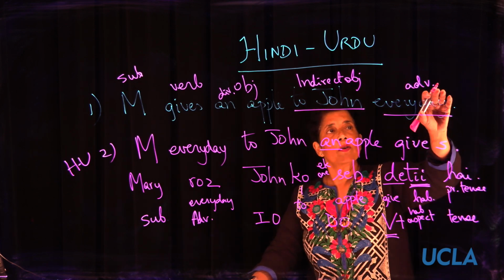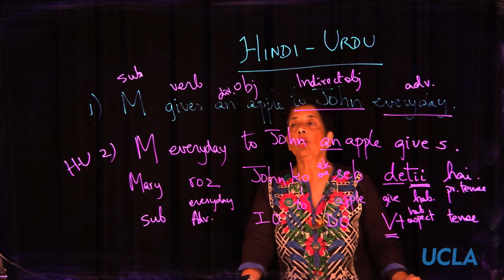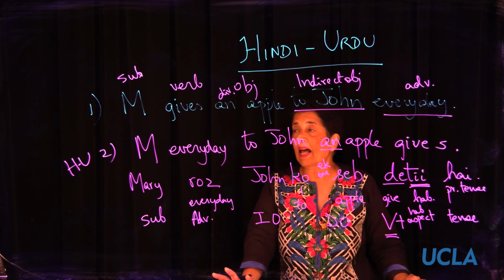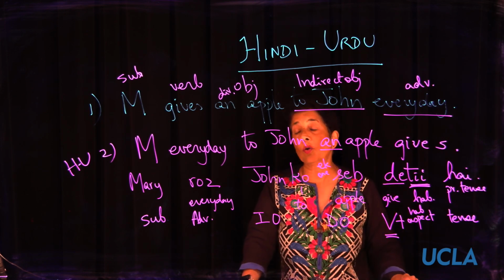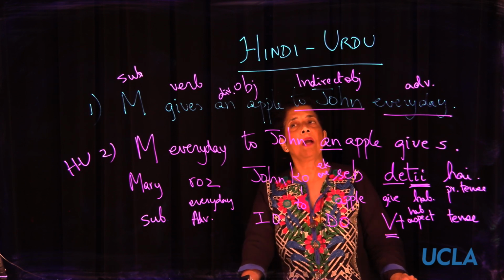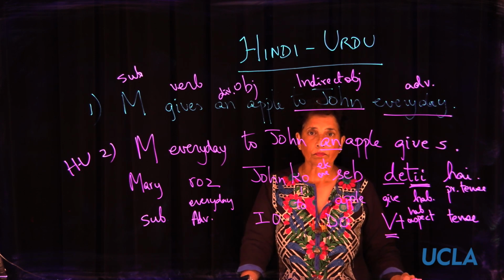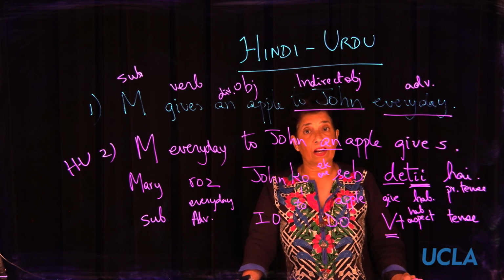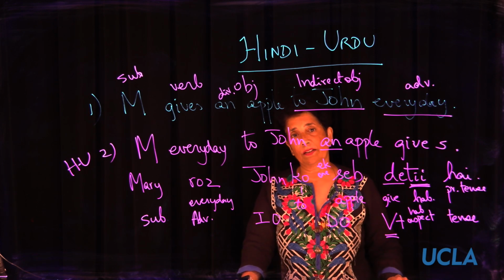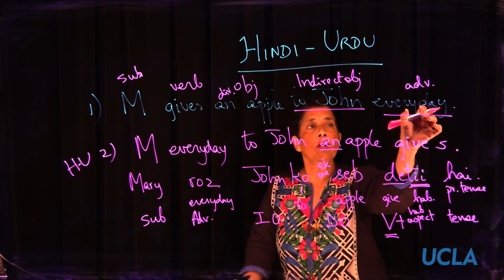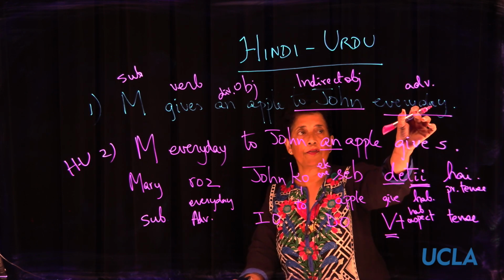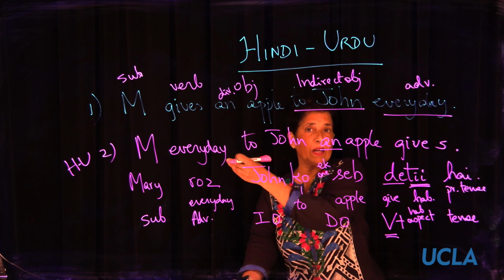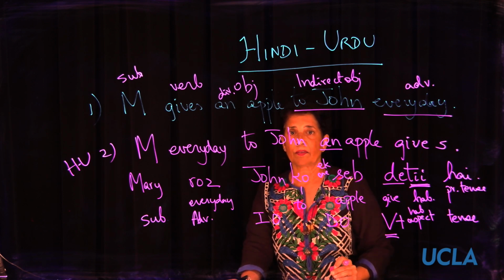Now, notice that in English, you could say the sentence starting with the adverb. You could say, every day, Mary gives an apple to John. Or you could say, Mary, every day, gives an apple to John. So you could potentially move every day to the beginning of the sentence, let's say. Okay.